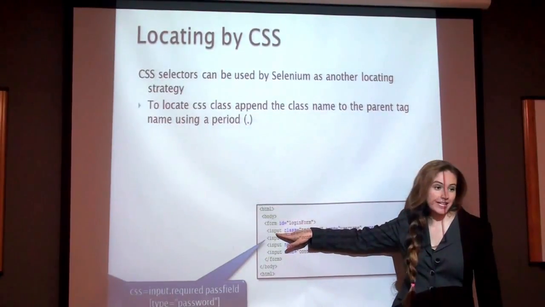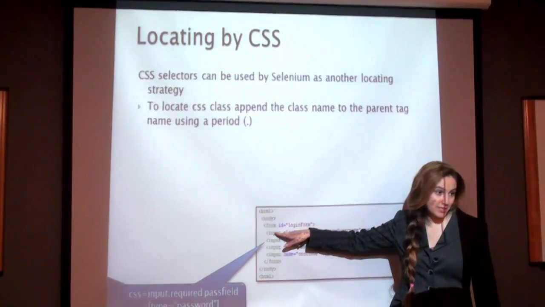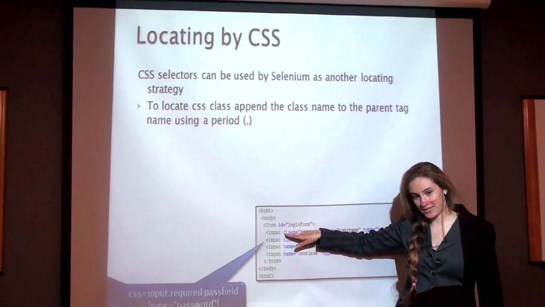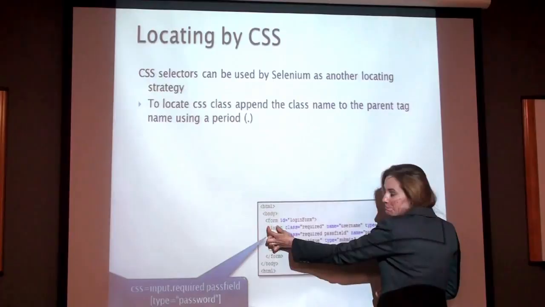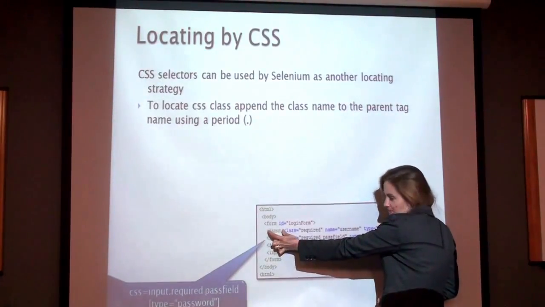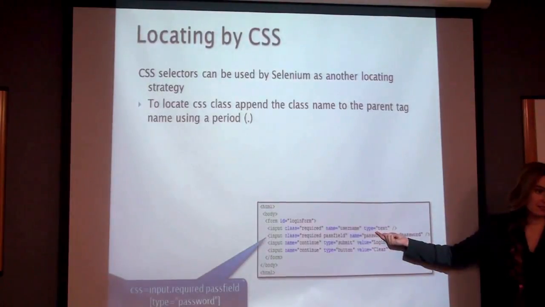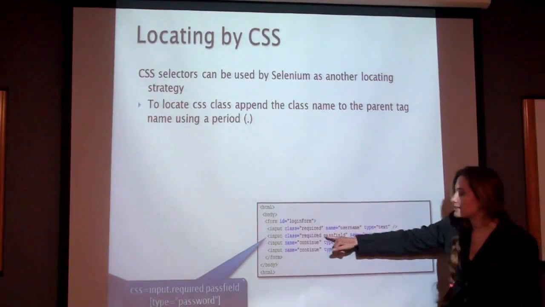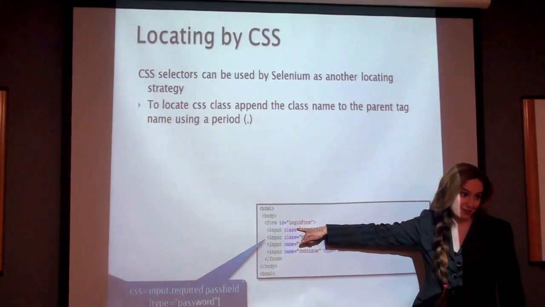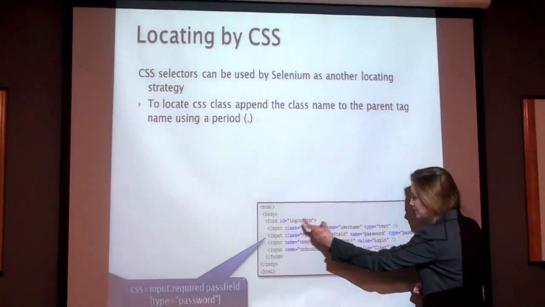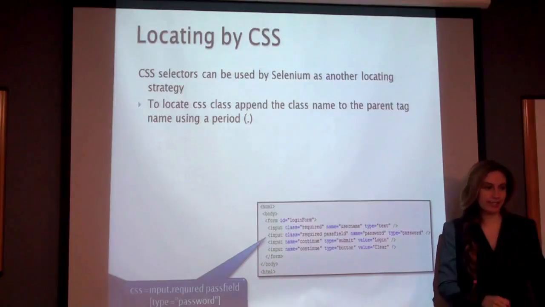Anything that follows the tag name immediately after the caret is an attribute or value of the attribute. So only this part is the actual tag. Every other thing, especially the ones in blue here, are all attributes. Everything that follows the equal sign is the value of the attribute.